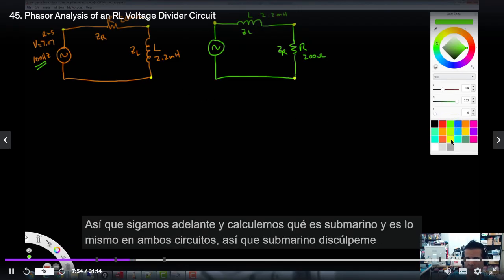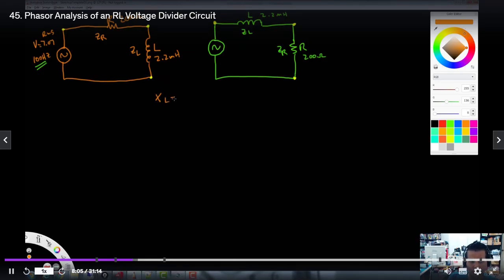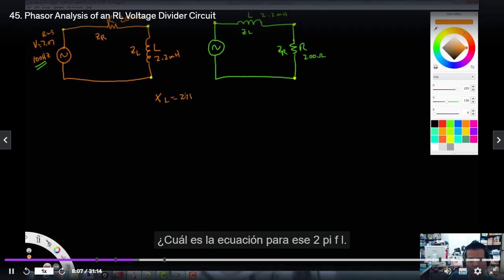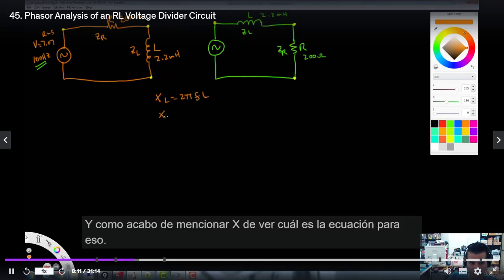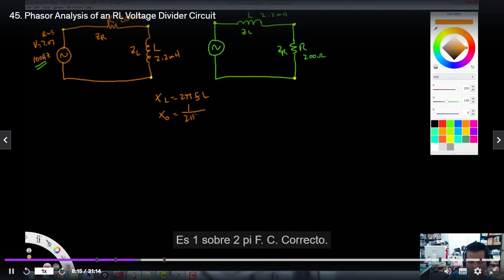All right, so let's go ahead and calculate what X sub C is, and it's the same in both circuits. So X sub L, what's the equation for that? 2 pi f L, all right? And since I just mentioned X sub C, what's the equation for that? It's 1 over 2 pi f C, right?